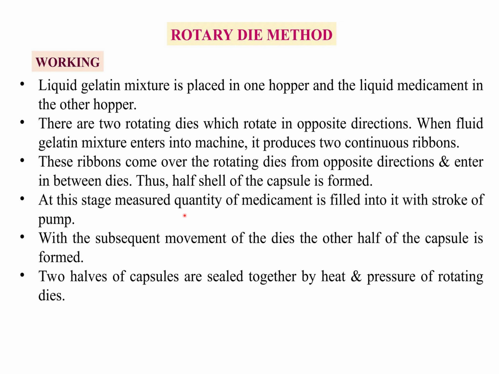At this stage, a measured quantity of medicament is filled into it with a stroke of the pump. With the subsequent movement of the dies, the other half of the capsule is formed. The two halves of the capsule are sealed together by heat and pressure of the rotating dies. So these are the overall working and construction of the rotary die method for the preparation of soft gelatin capsule.